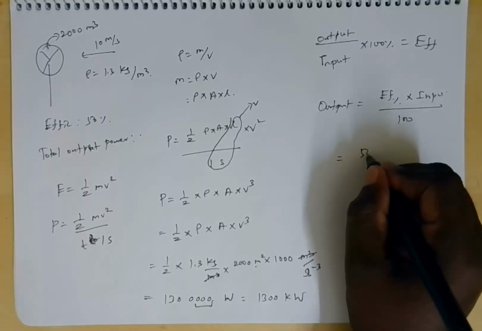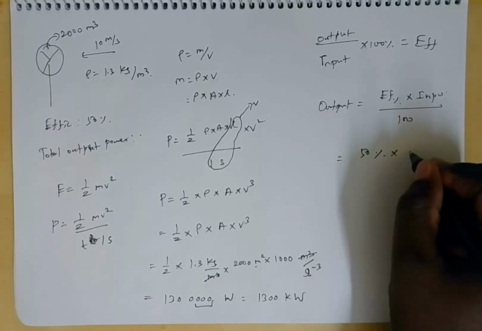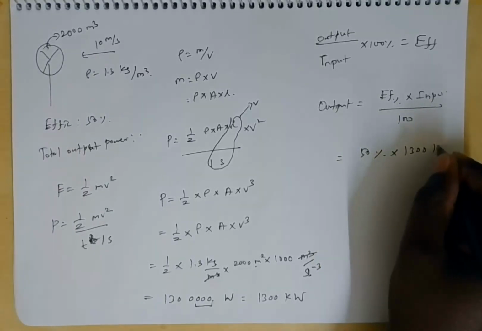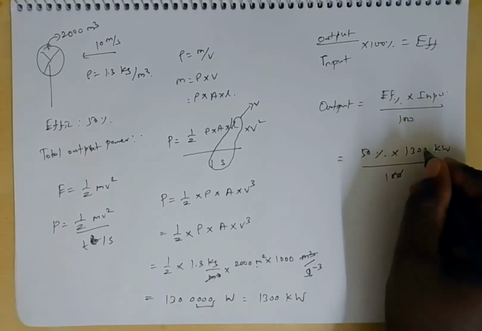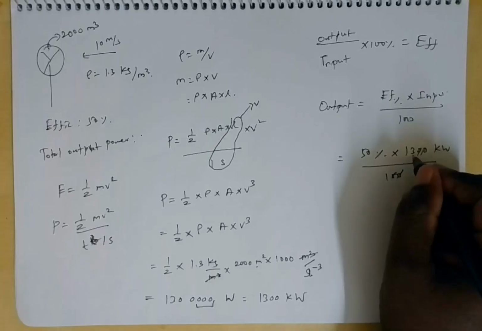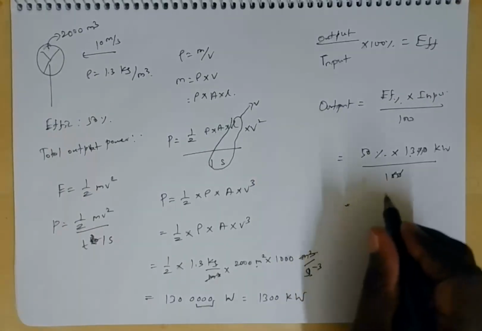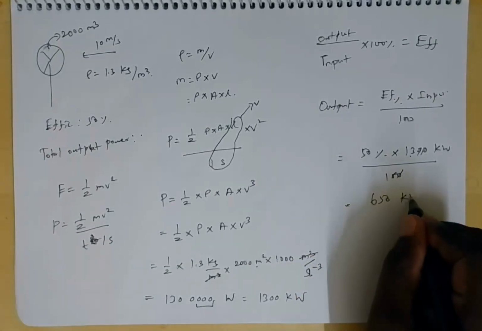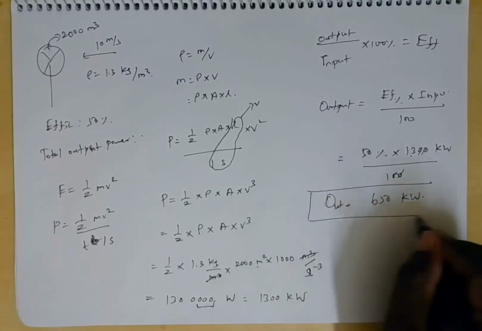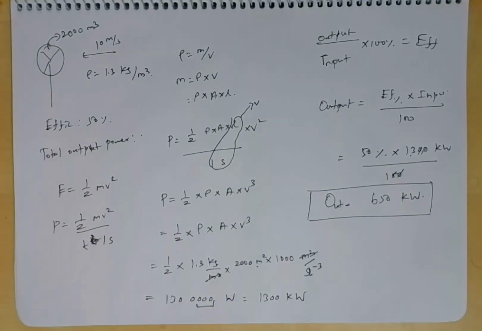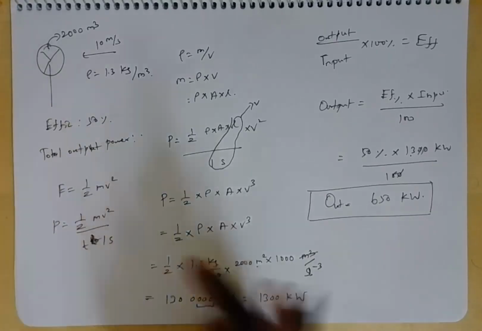So 50 percentage into input 1300 kilowatt divided by 100. So you will get 1.3 into 50, so 650 kilowatt. That's our output. So option B.